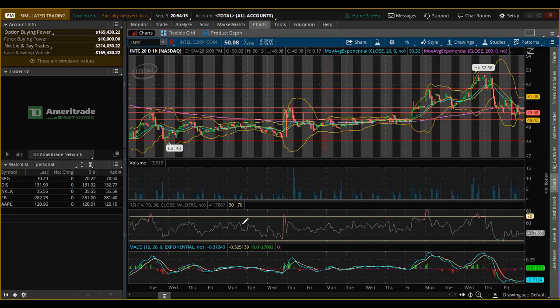Because I don't know if all platforms have this, but E-Trade does. It'll show you what it was before. Or was it bar chart? I think it might have been bar chart. But I'm gonna look at E-Trade real quick.